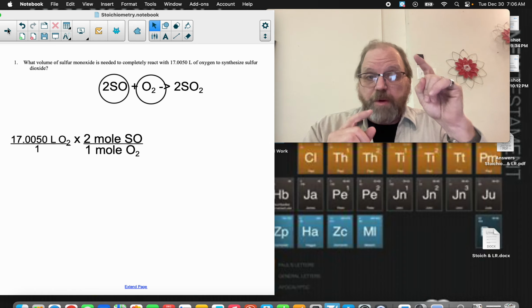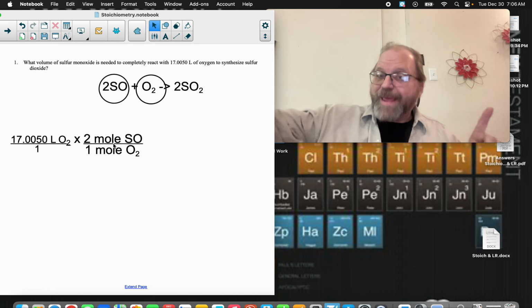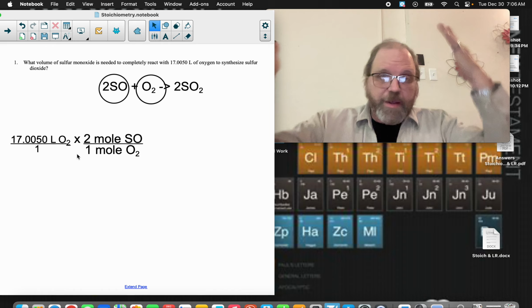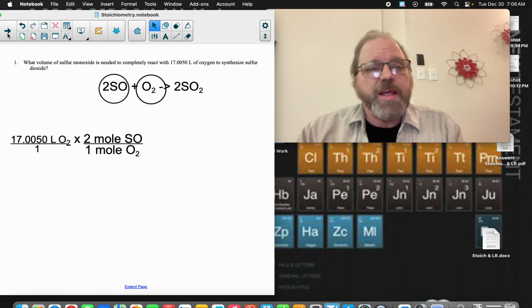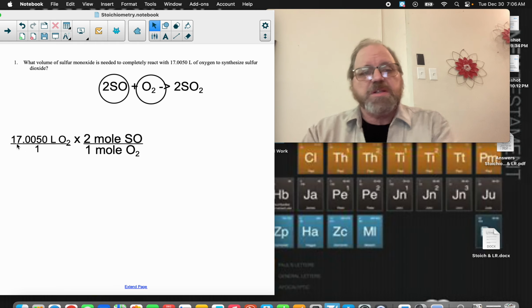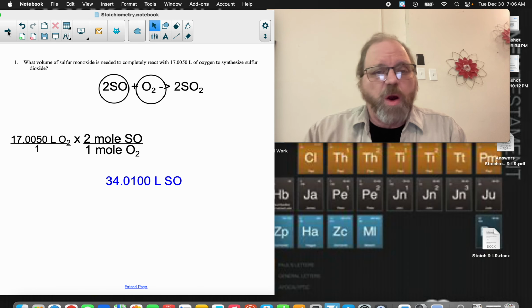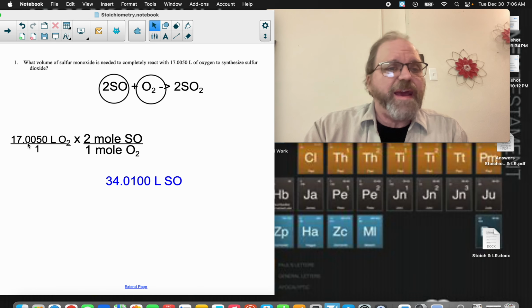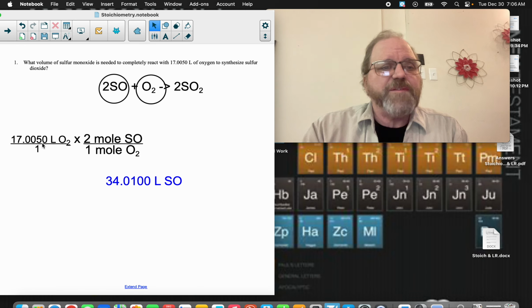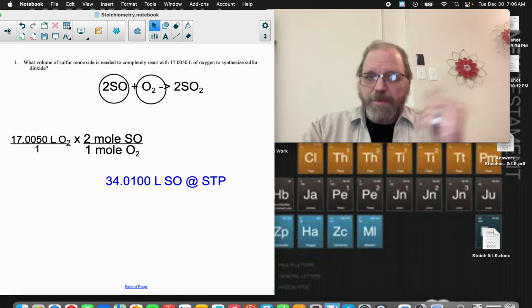We're only doing the molar ratios because we are doing molar volume on the front end and the back end, and they're going to cross each other out. So all we have to do then is 2 moles of SO over 1 mole of oxygen. Oxygen crosses out, moles cross out. We get 34.0100 liters of SO, because I have 6 sig figs. That's my answer. Now, remember that's at STP.